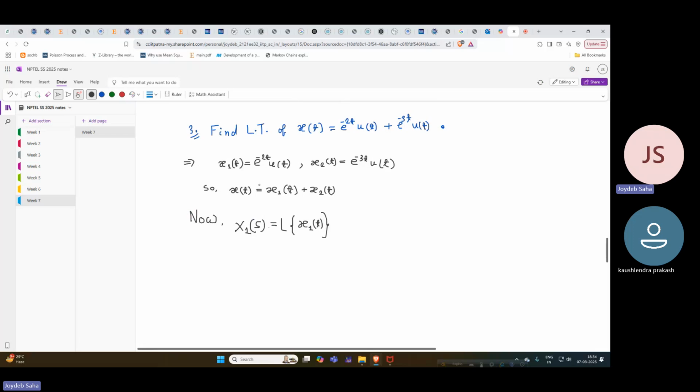Okay, and what was x1(t)? Laplace transform of e to the power minus 2t u(t).